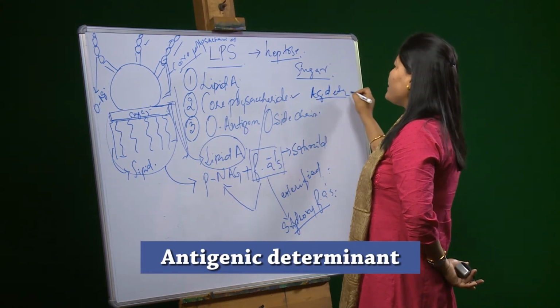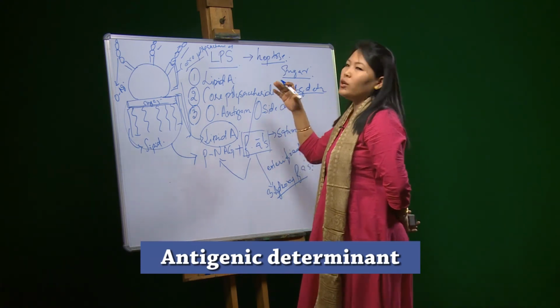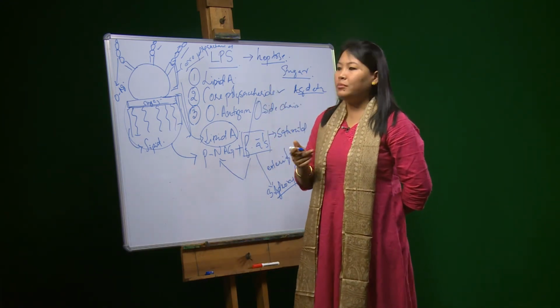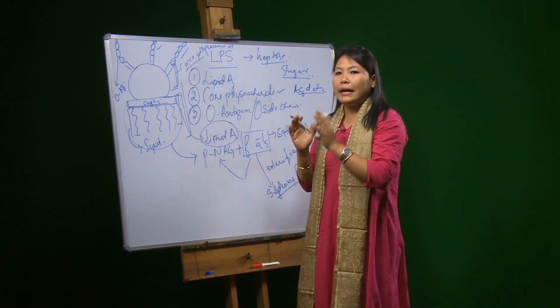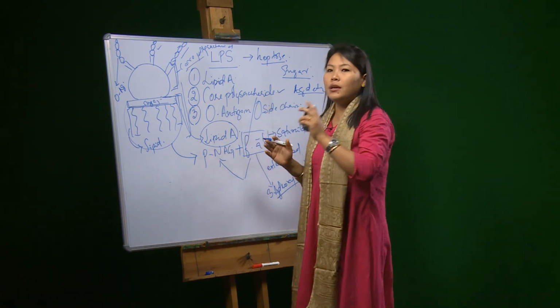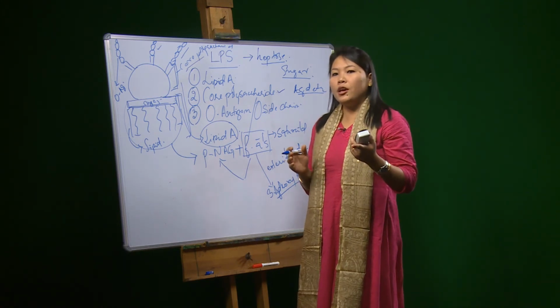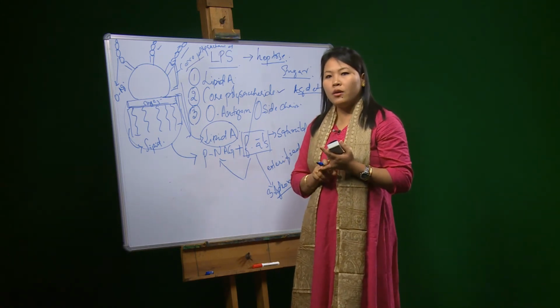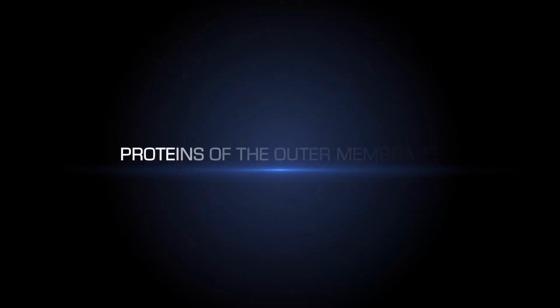Immunologically, an antigenic determinant is termed an epitope. Antigenic determinants or epitopes are the portions of the antigen which the immune system recognizes. This immune system may be your antibodies, your B cells, or your T cells.